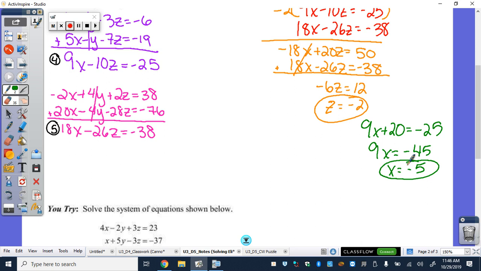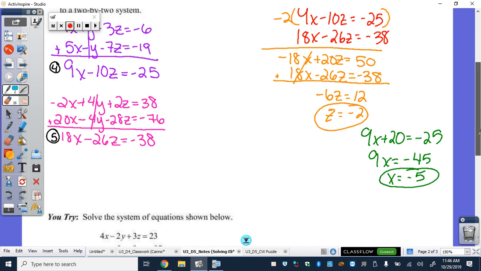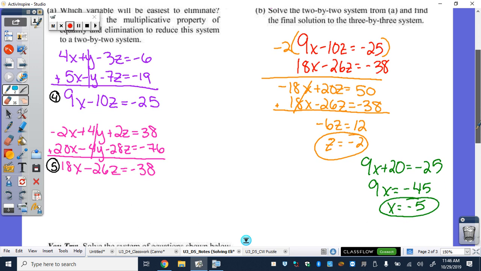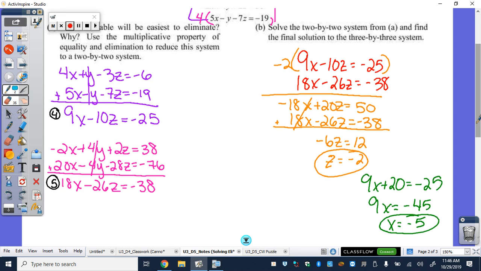So we just got to find our last one. We got to find our y. So again, you got to go back to one of the original 3. I'll probably use the first one. So that's 4x, so that's going to be -20. So it's 4 times a -5. Plus y plus 6, because it's -3z, so -3 times -2 makes it +6.